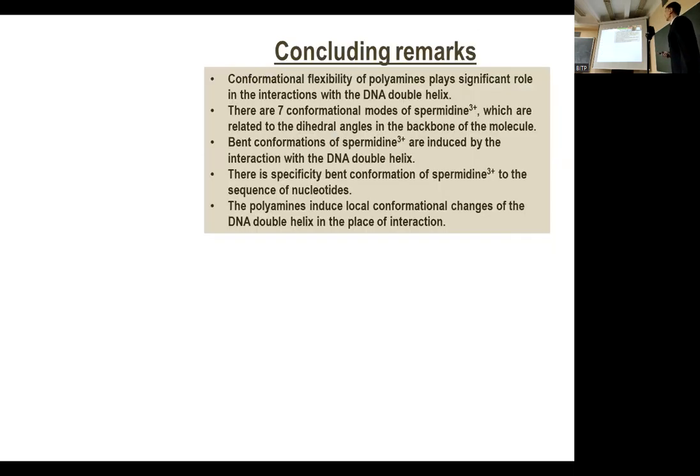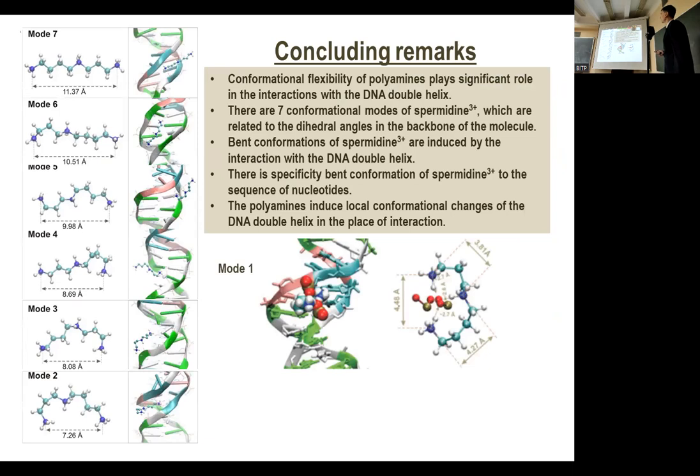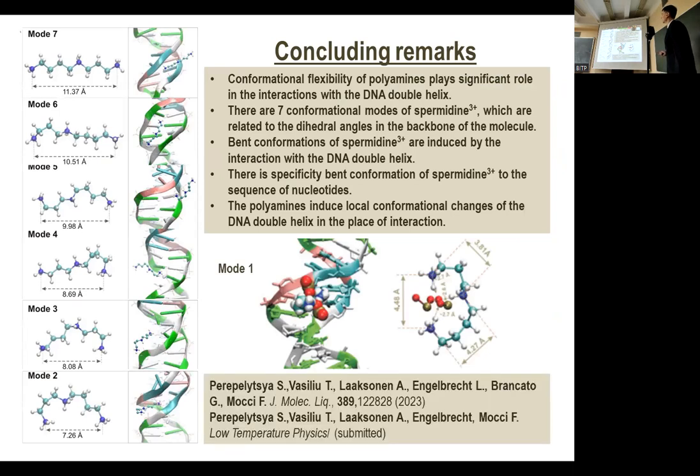So in the very end, I would conclude that the flexibility of polyamines is extremely important, and the conformations should be taken into consideration for the study of the interaction of polyamines with DNA. We found 7 conformational modes, 7 types of polyamine conformations, and some of them appear only in the case of interaction with DNA.